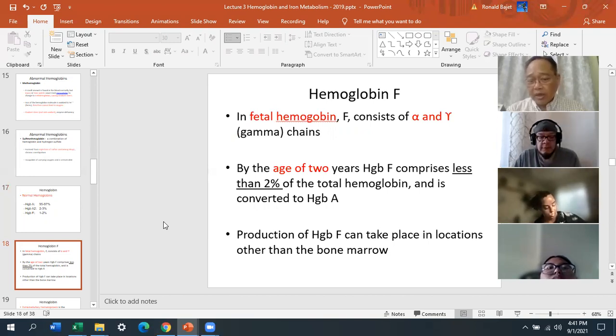So fetal hemoglobin is alpha 2, gamma 2: two alpha chains and two gamma chains.